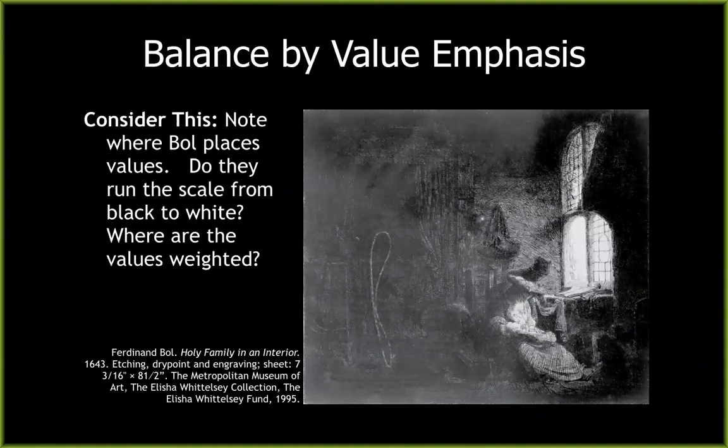You can use value to create balance in a picture, and you can use it to create emphasis. In this etching here, the light is really concentrated over by the window, and there's a lot of light on that very small group of family figures. As you move away from the family and the window, there are little hints of light picking up edges of things and giving you a sense that there is something else in the room.